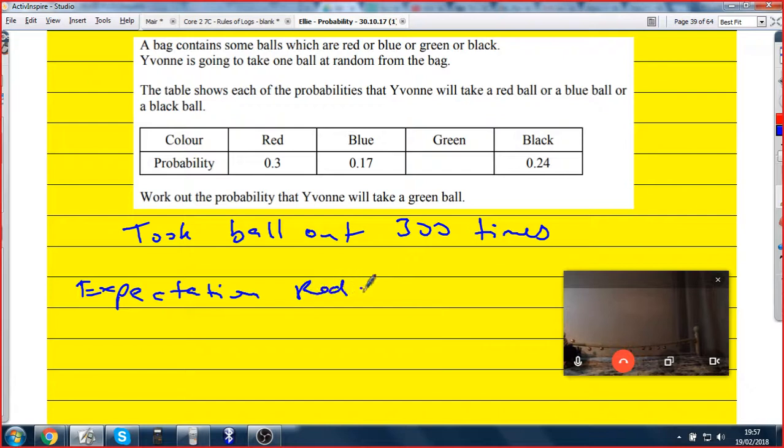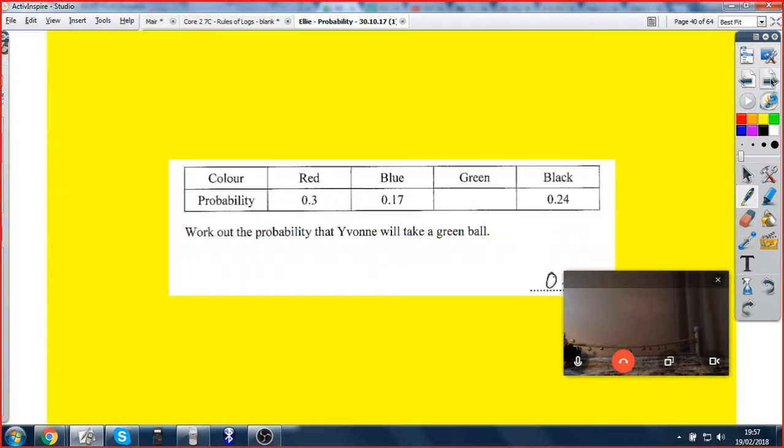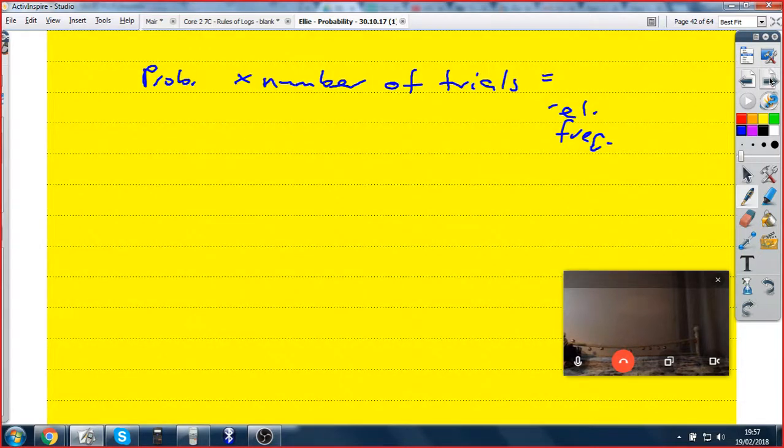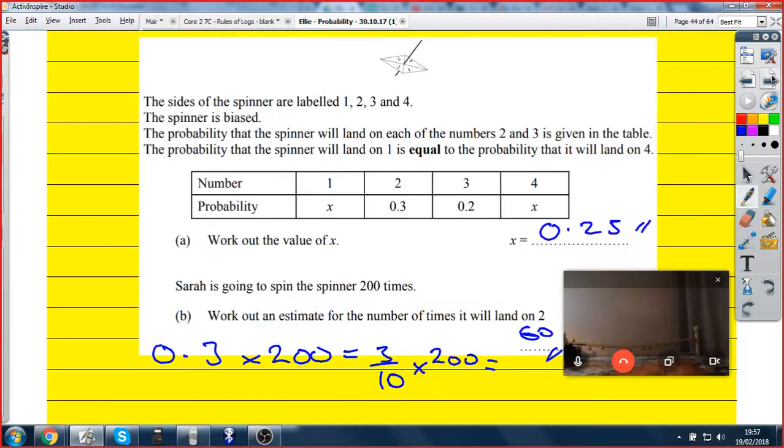That's it. So it's probability times the number of trials. That gives you the expected number of outcomes. We call it relative frequency or expectation. So you would expect to get 90 reds if you did that thing 300 times. Be like if you flipped a coin 50 times, you'd expect to get heads 25 times. It's not exact, but that's why we say expect.